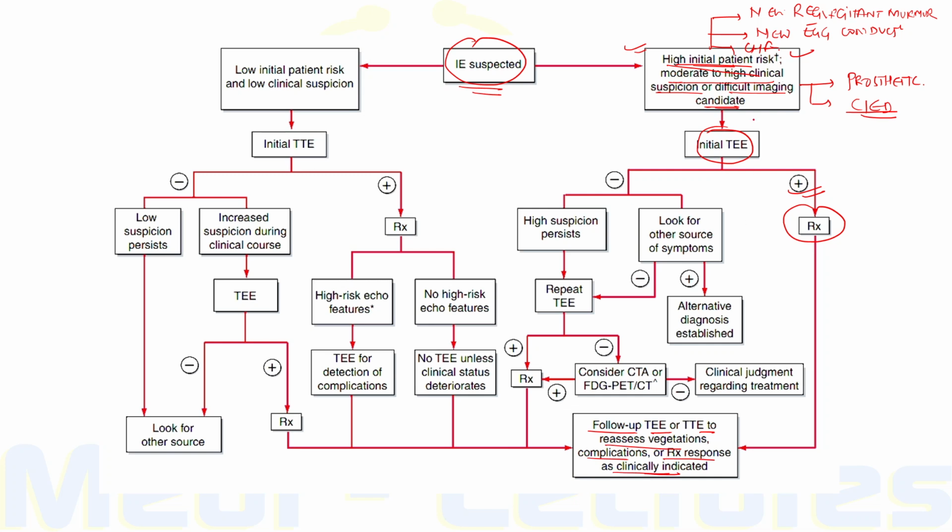Now, if this initial transesophageal echocardiography is negative, but we still have high suspicion, then we will repeat this echocardiography. If it is positive, we will start treatment, again follow up. If it is negative, we will consider CT angiography or FDG PET. If this comes out positive, treatment.